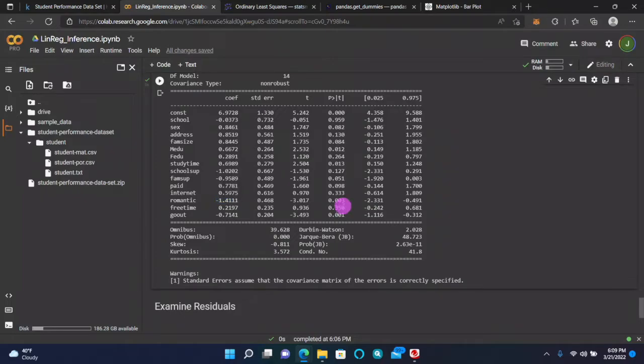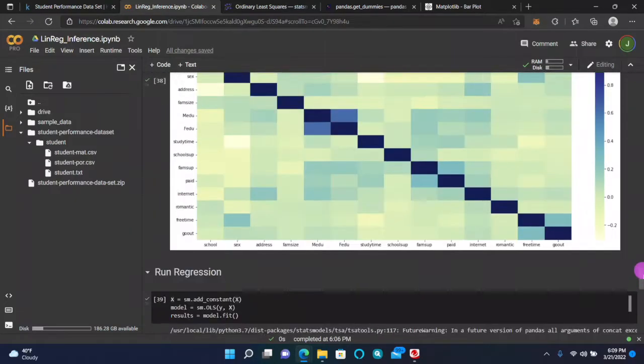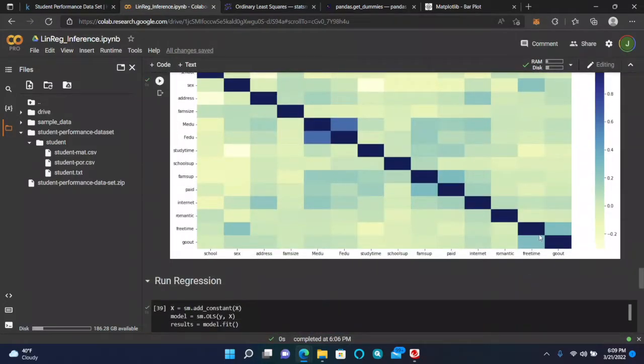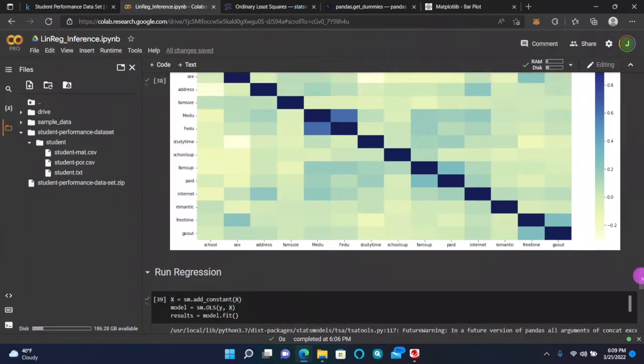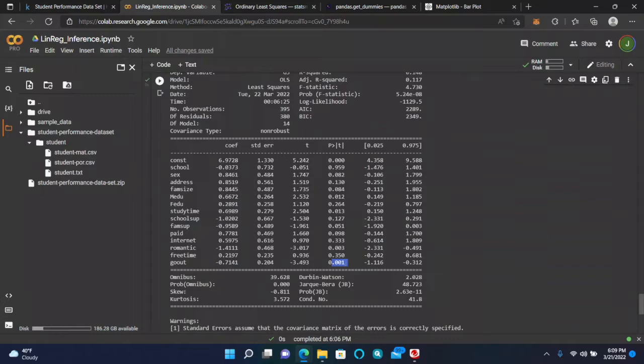And then free time didn't matter so much, but going out a lot apparently did. Where is that? Here. Those are pretty kind of correlated too, free time and going out. But see, it looks like going out makes a big difference. Probably the biggest difference of all of them. Very interesting.